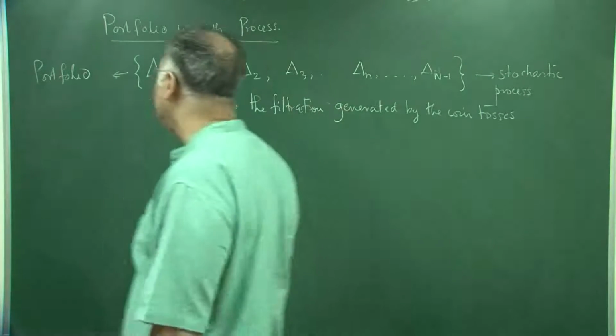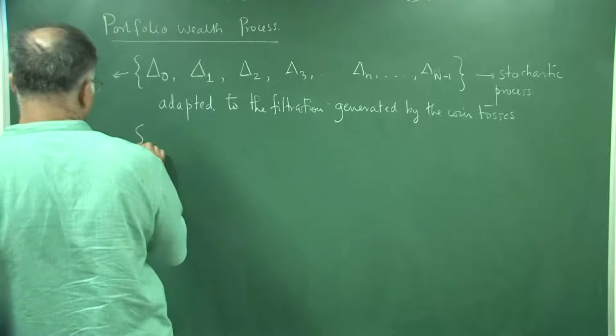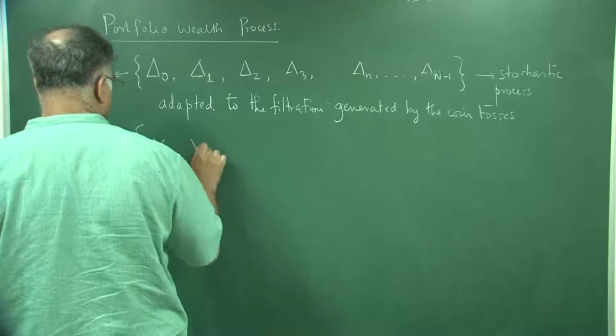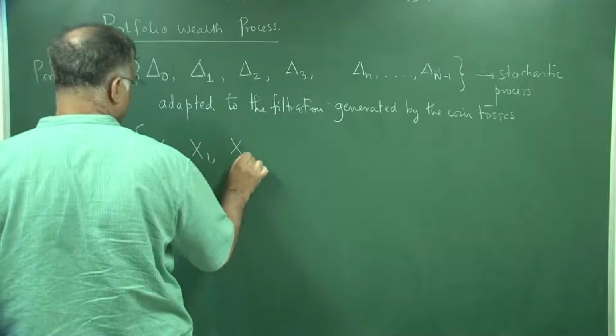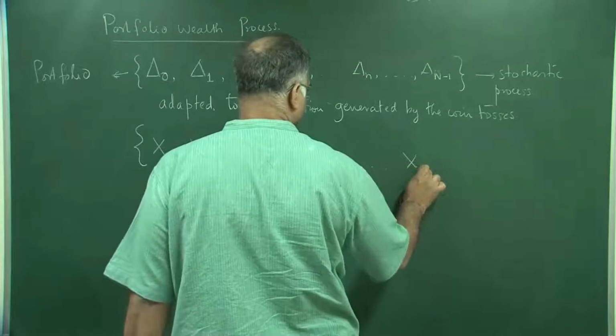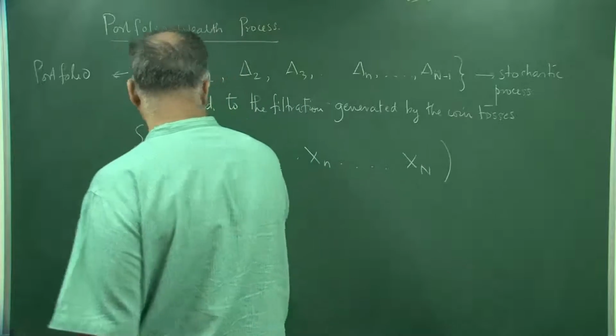So, what is the wealth of my portfolio at each n? At time t0 you invest x naught, at time t1 you have x1, at time t2 you have x2, at time tn you have capital Xn.